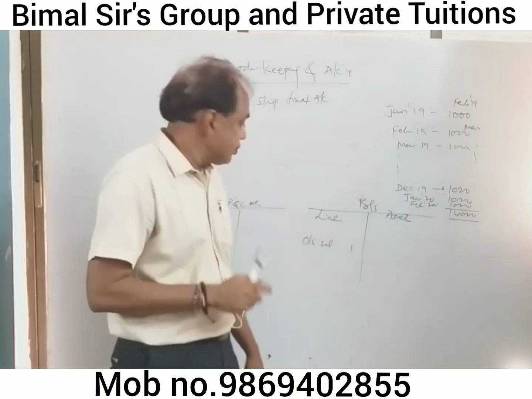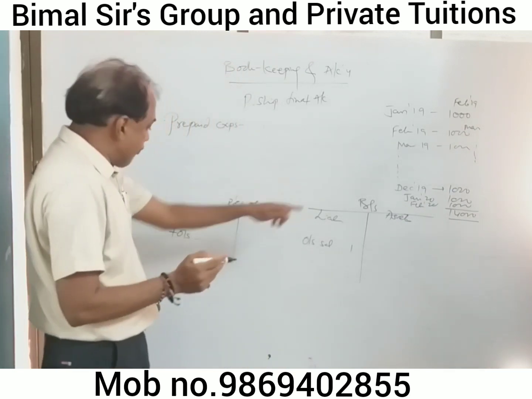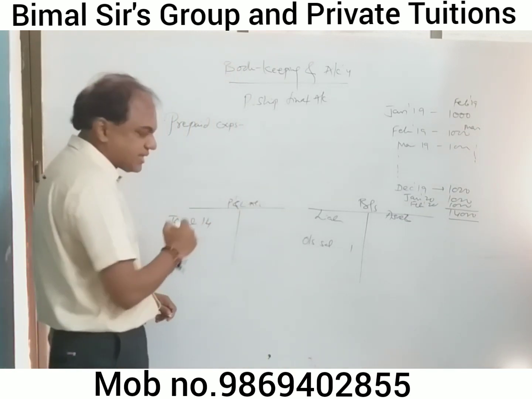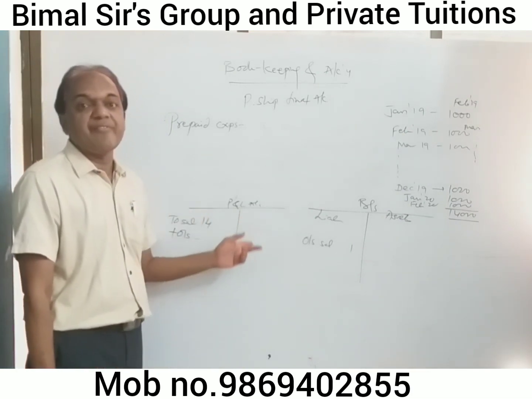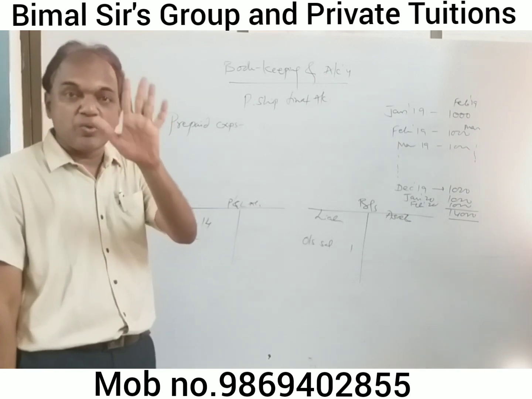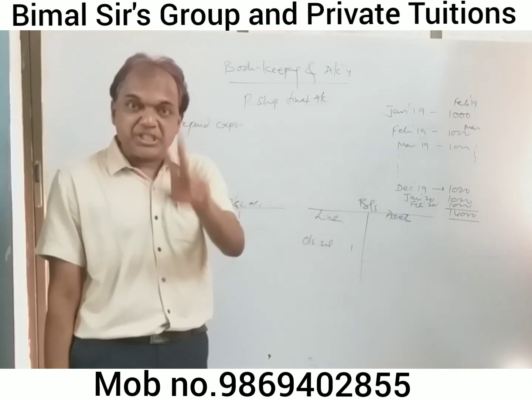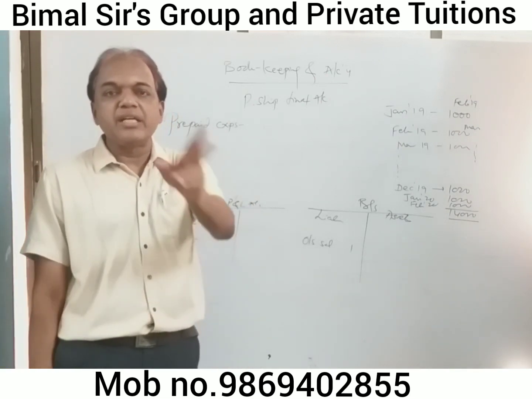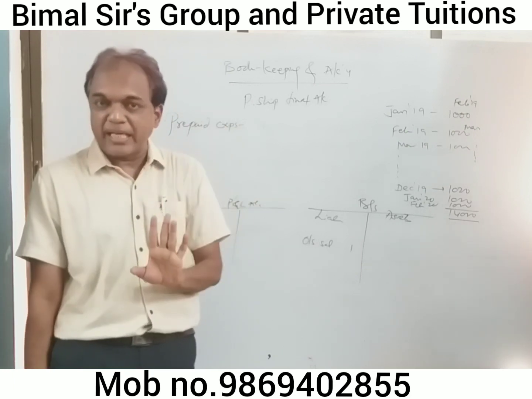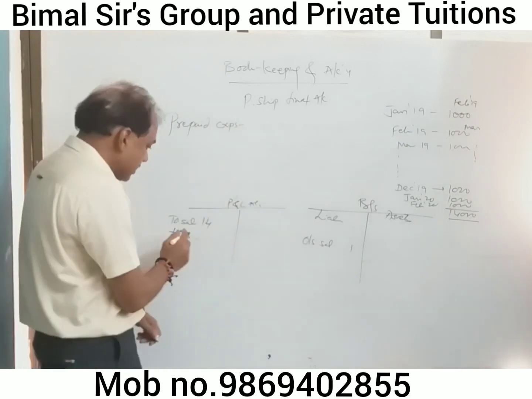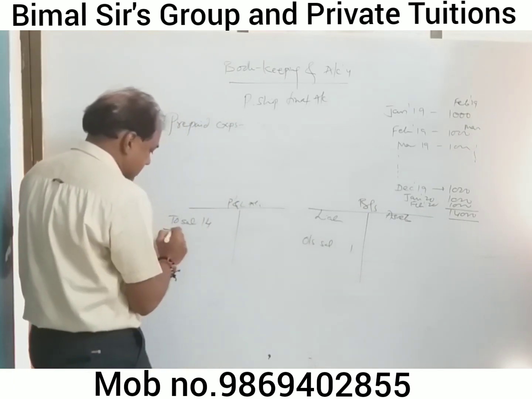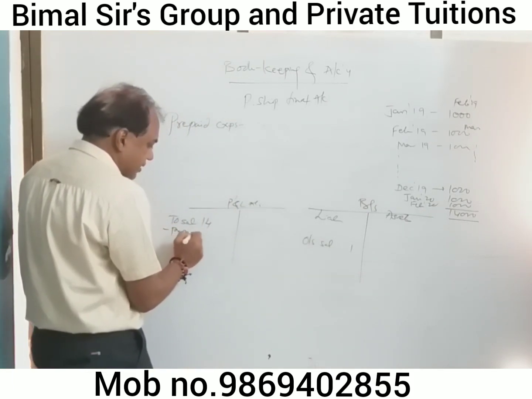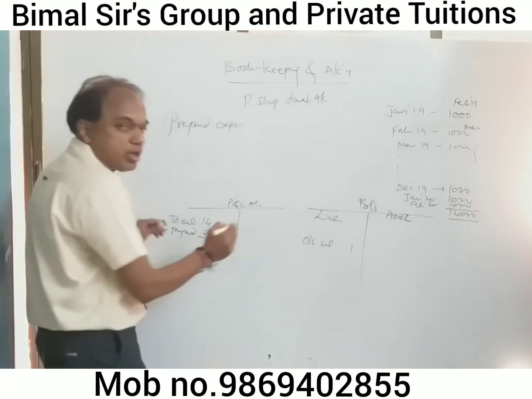So what do I have to do? See, I have paid you 14,000, so I will write down here in the same example, in profit and loss, salary paid 14,000. But I am preparing final accounts for 12 months only. So whatever extra is paid to you should be removed from that expense. So I will write down here, less prepaid 2,000, and the outer column shows 12,000.